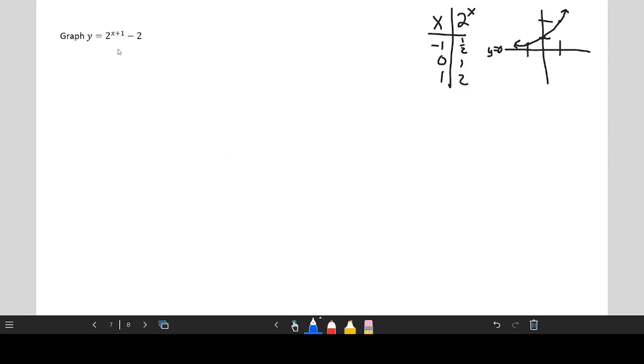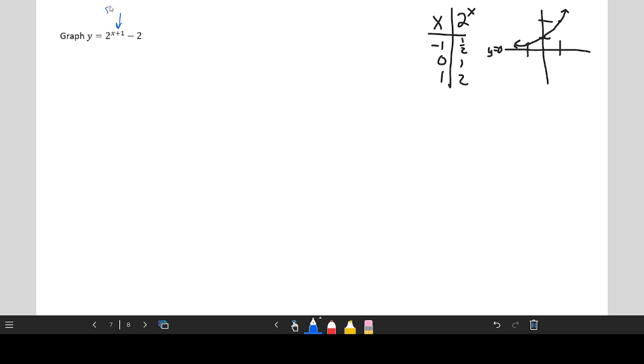So for example here, this is a transformation of 2 to the x because we have that base of 2. So that's our basic 2 to the x that we graphed a few minutes ago. And we see some addition or subtraction, so that's going to be shifting. The x plus 1 in the exponent, since that's where x is, that's going to be your horizontal shift.